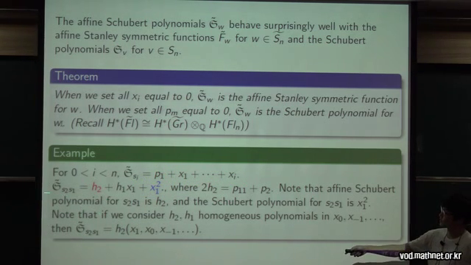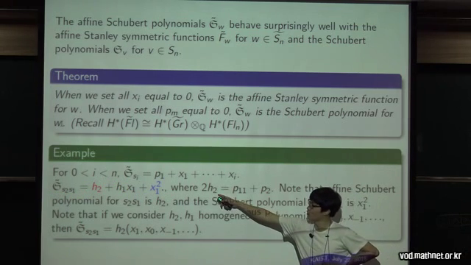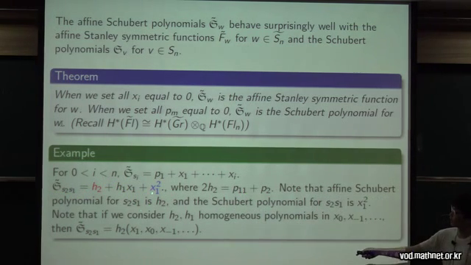In this case, when you set x_i equal to 0, we have h_2, the affine standard function for s_2 s_1. I use homogeneous functions instead of power sums. When you set h_i equal to 0, we have x_1 squared, which is the ordinary Schubert polynomial for s_2 s_1.